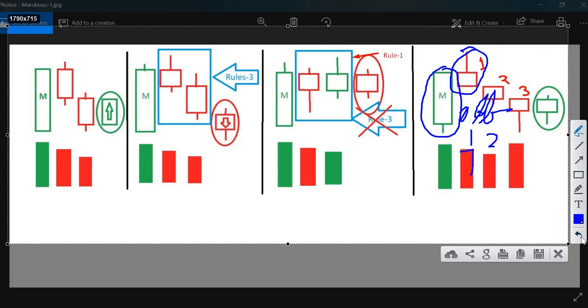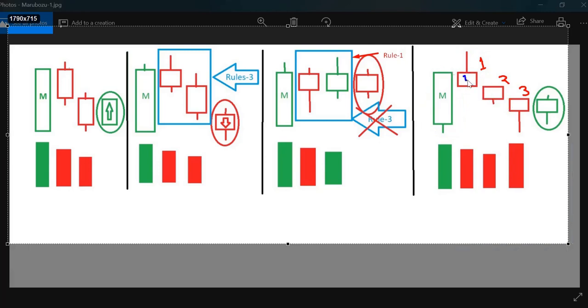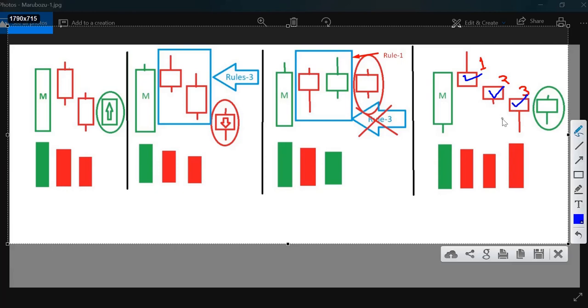In this scenario, yes. But as you know, this is a Marubozu, this is a Marubozu, this is a Marubozu. When you see the Marubozu, you have to read every candle one by one.